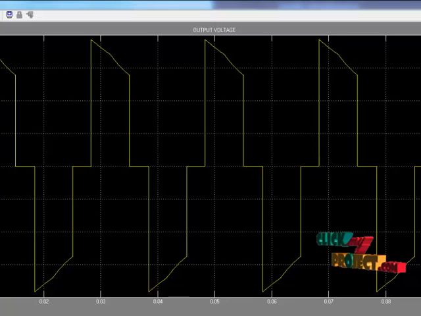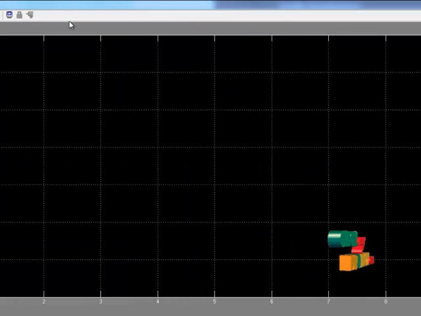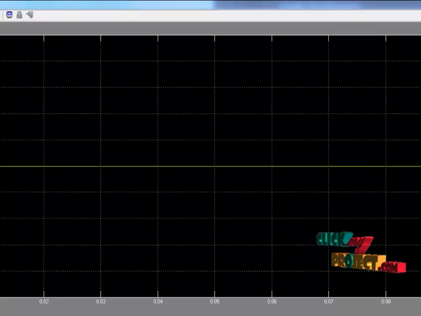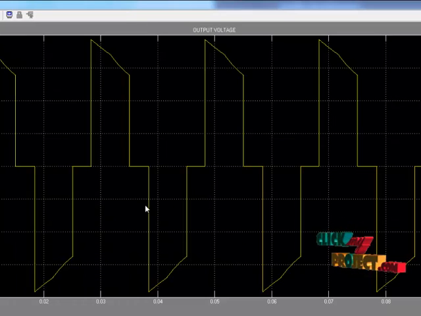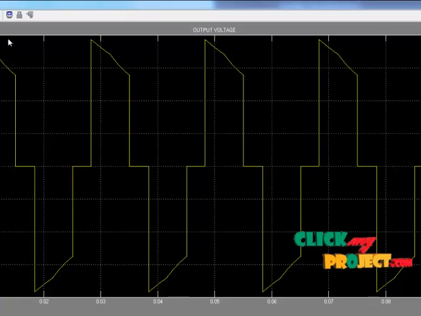The input voltage is also here. This is the 440 volt input voltage, and the output voltage is approximately 390 volts.